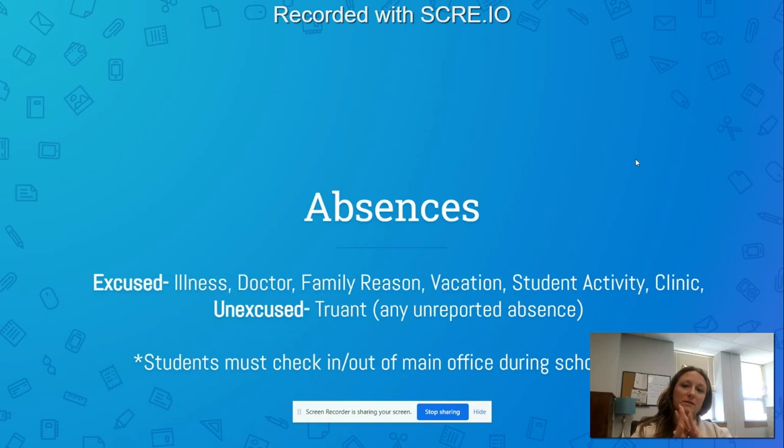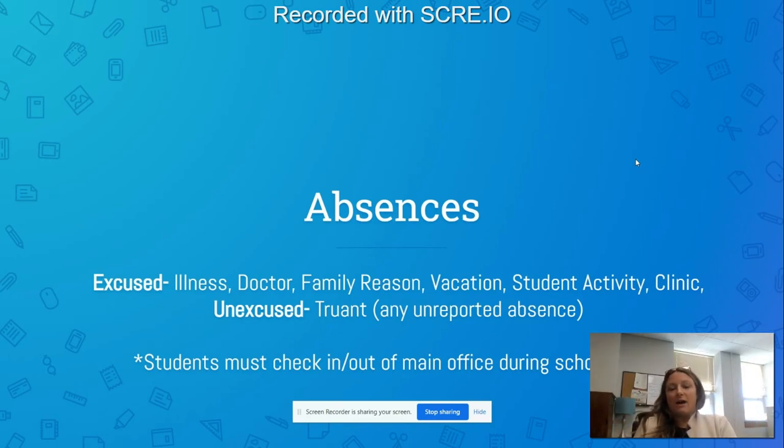Sometimes students pop in the morning prior to school starting to let her know they have to leave for an appointment, or provide a note from a parent or guardian at home. Those are all reasons that constitute excused absences.